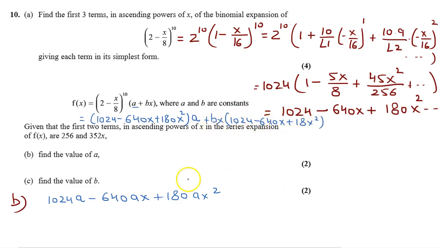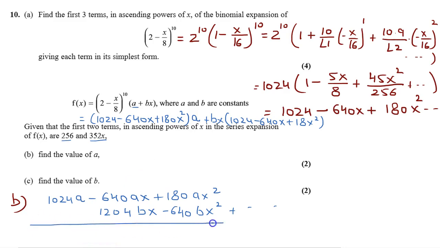So 1024bx, minus 640bx square, and so on. We don't need so many values because in this expansion we only need these terms.